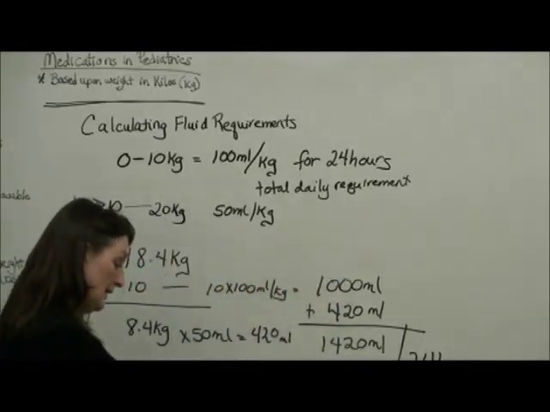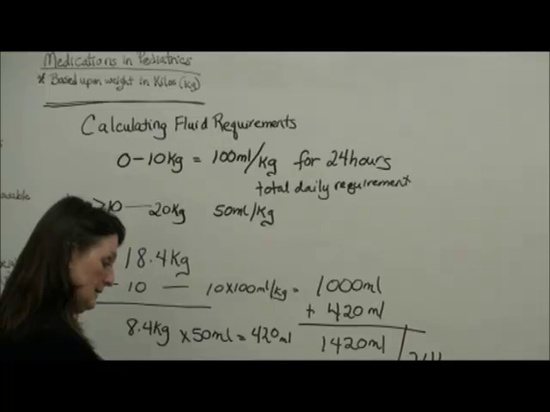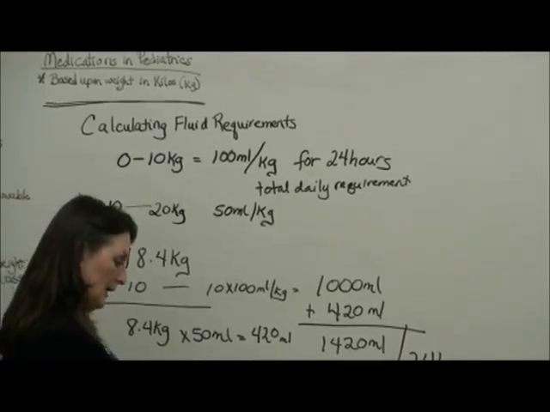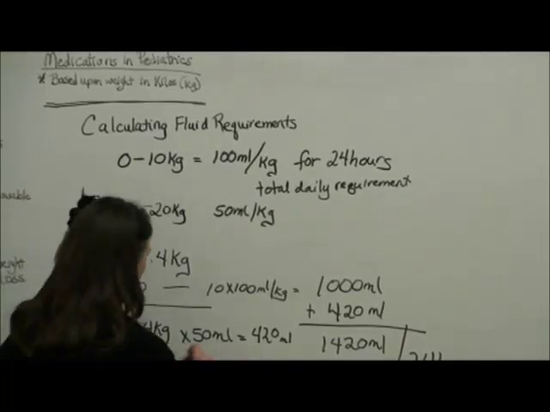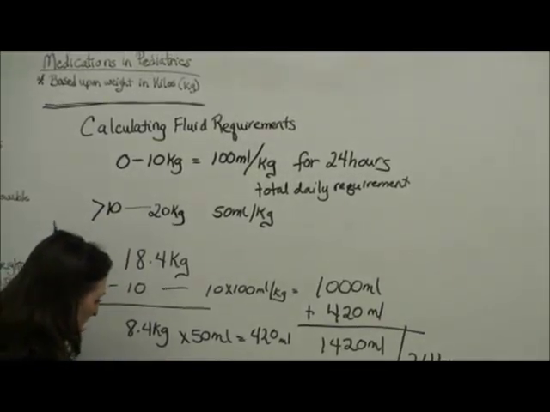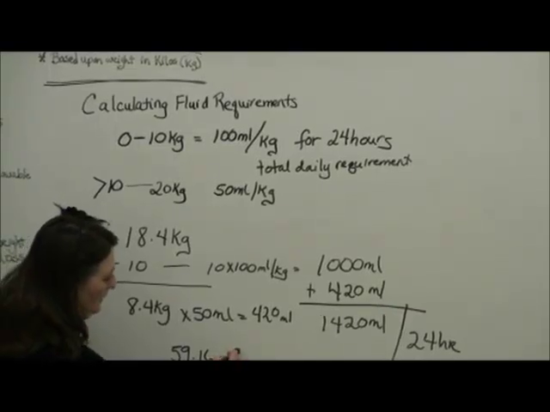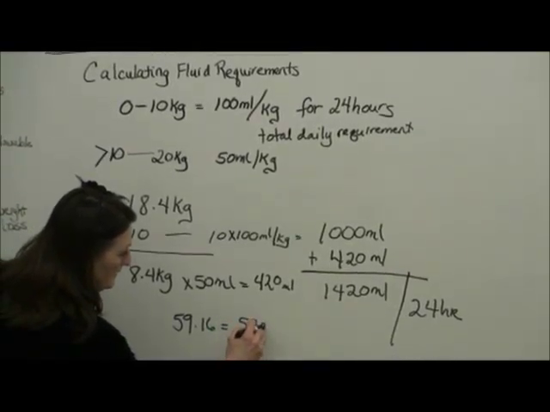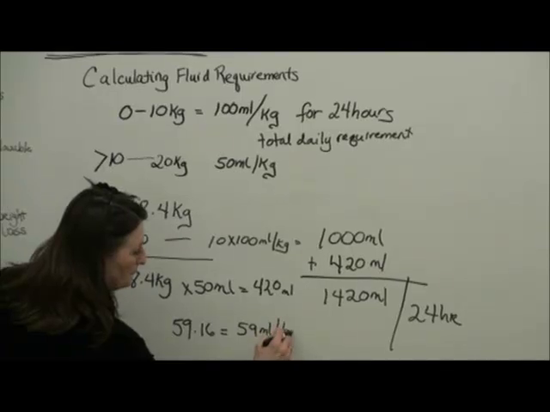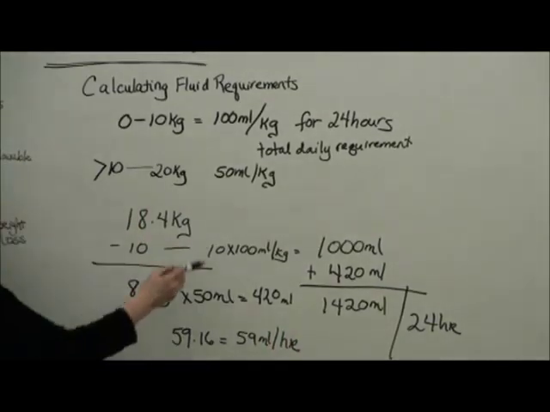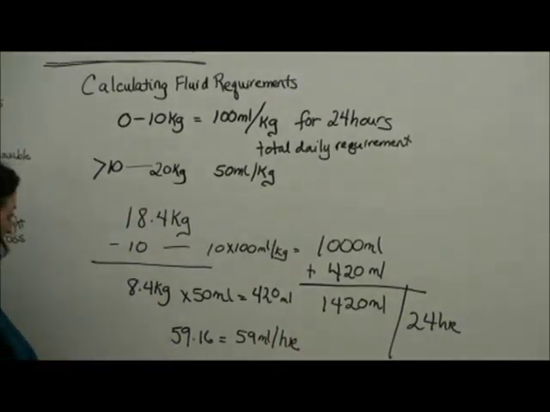So what they're going to need their IV to run at hourly, their IV would be 59.16, or we could just say 59 milliliters per hour for the child who's 18.4 kilos.